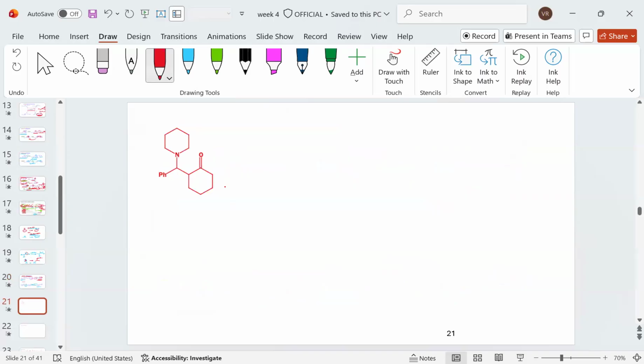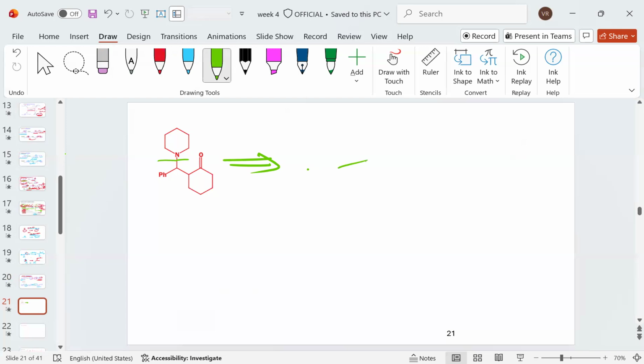Similarly, there is the next example that I have shown, and I think it is very similar to some examples we have seen earlier. If you want to do the retrosynthesis of this molecule, how can we do it?